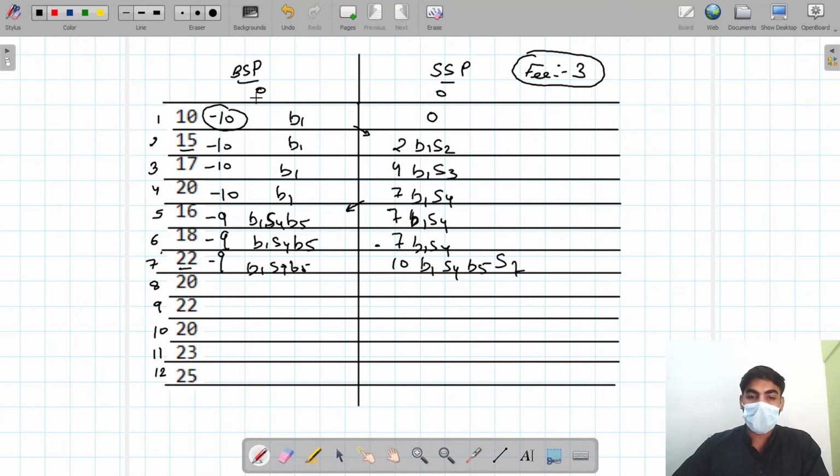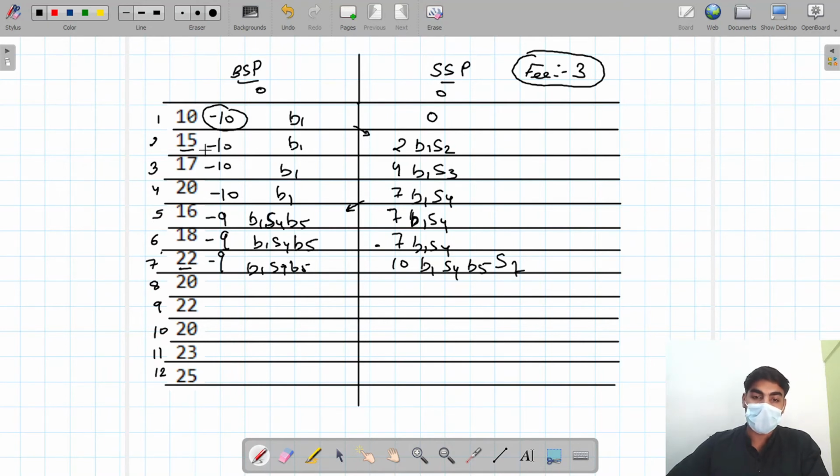I hope you understand why I am doing all this. I am again explaining. In the buying state profit, we have one more extra stock, and in the selling state we have no extra stock.